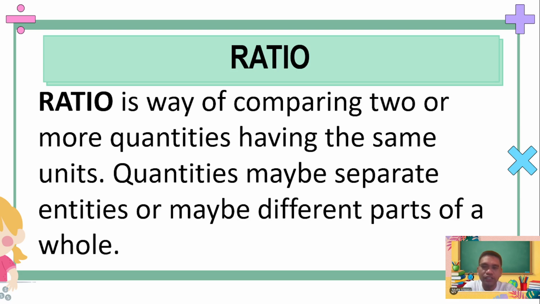So again, ratio is a way of comparing two or more quantities having the same units. So ang atong i-compare, dili ang mga kinaiya, dili ang mga hitsura, kundi ang quantity. So na quantity, ang gidaghanon. So naatay duha or tulo ba ka buok nga atong i-compare, ang atong i-compare ang ilang gidaghanon. Mao na siya'y idea sa ratio. We are comparing the quantities.